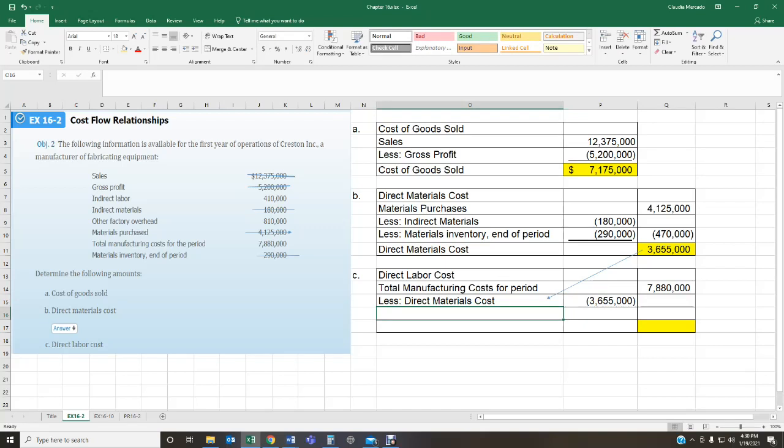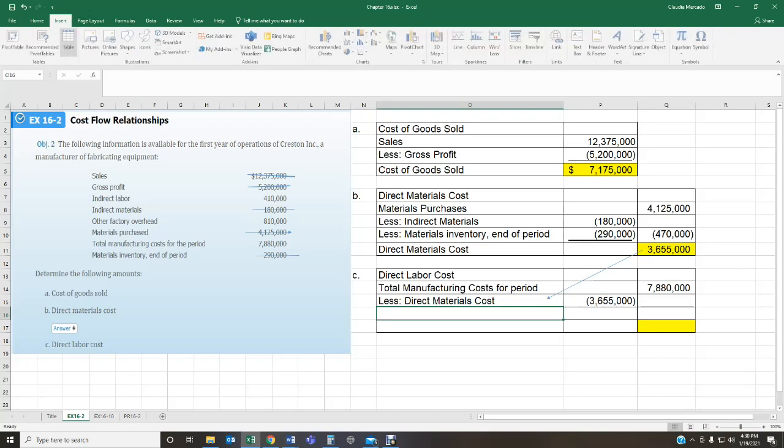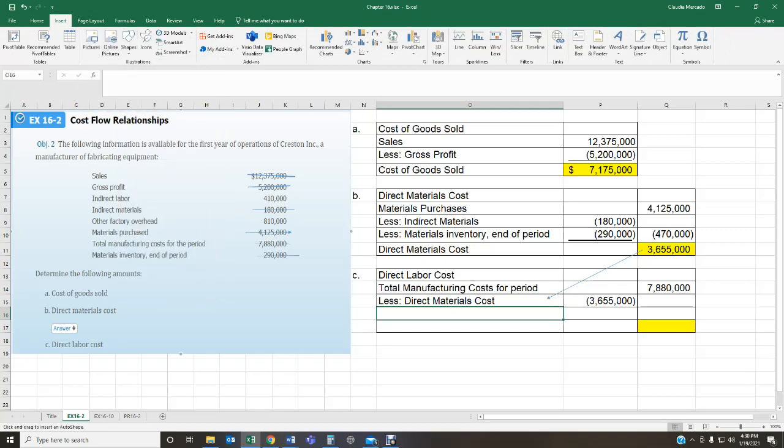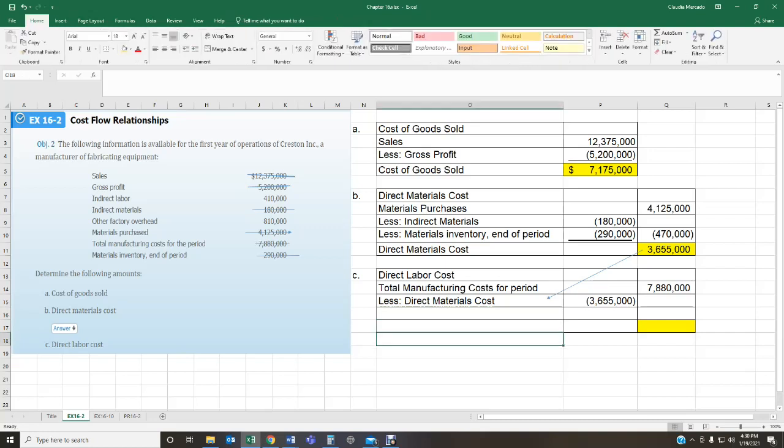Now, do I know how much I've spent on factory overhead? No, I don't know, but I can simply calculate it. They give you everything that you need to know. So the first thing that falls under your overhead is your indirect labor. Indirect labor is 410,000.